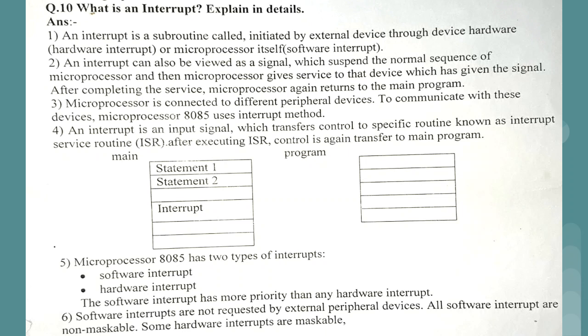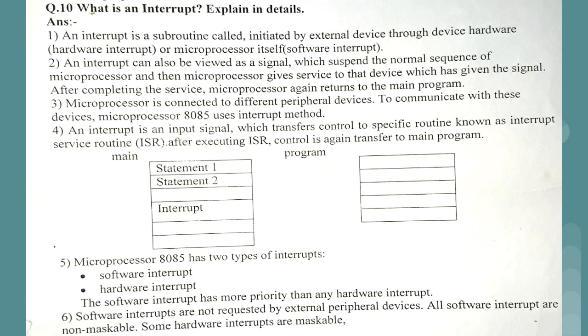Then software interrupts are not requested by external peripheral devices. Just now we have seen, the microprocessor itself generates the interrupt, and that interrupt is the software interrupt. If an external device is generating some interrupt, then that is a hardware interrupt. Again, among software and hardware interrupts there are some which are non-maskable and maskable.